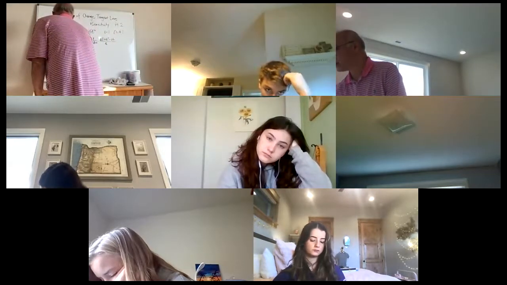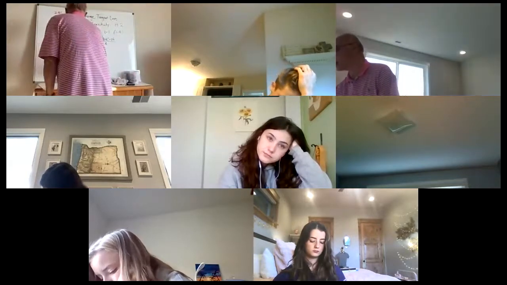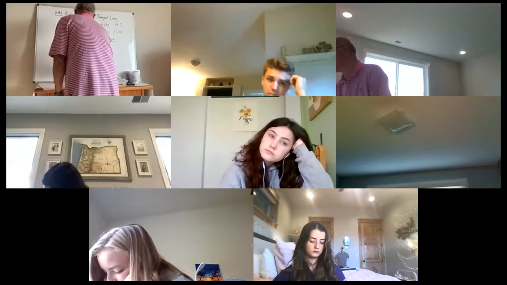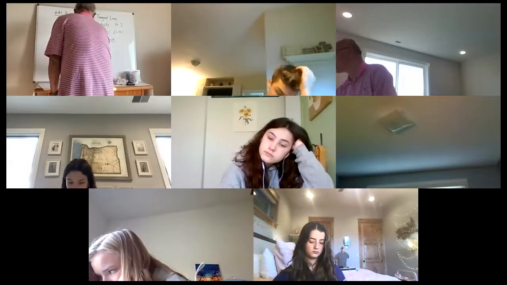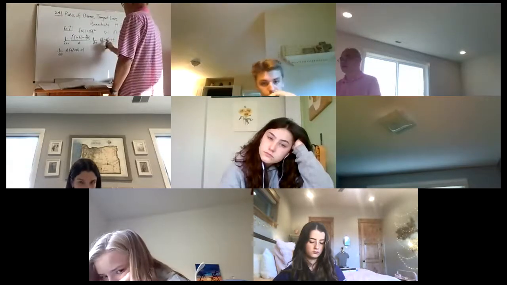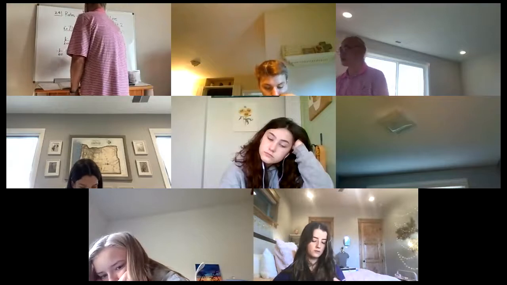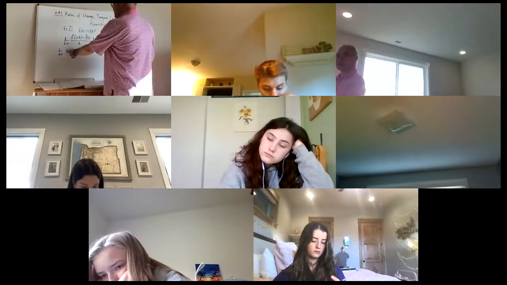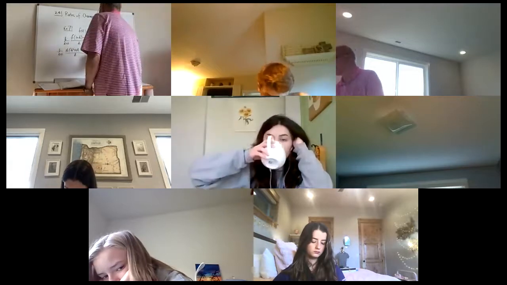Limit as h approaches 0, I'm going to get 16h squared plus 32h plus 16 minus 16. So looking at the constants, 16 minus 16 is equal to 0.